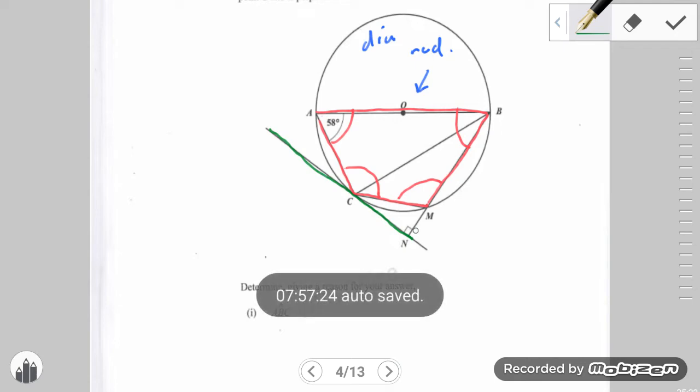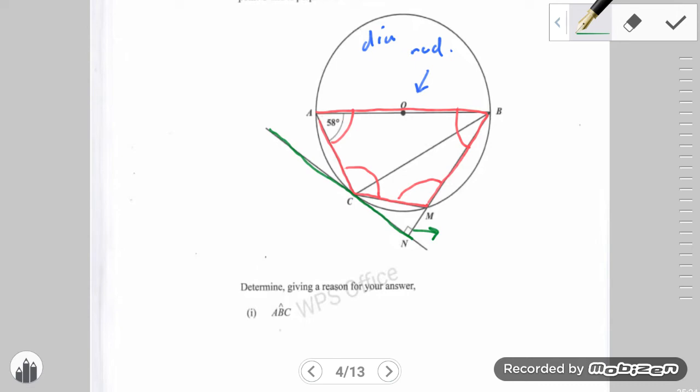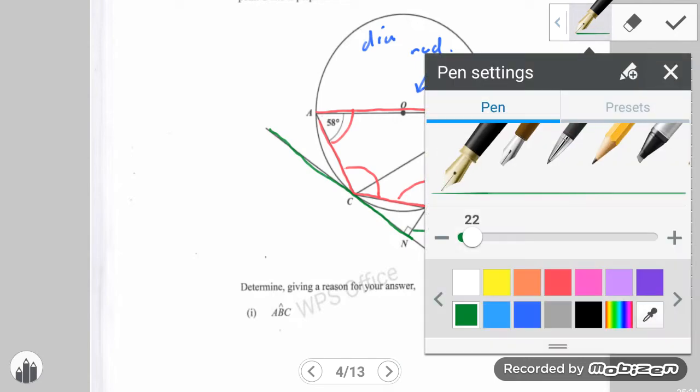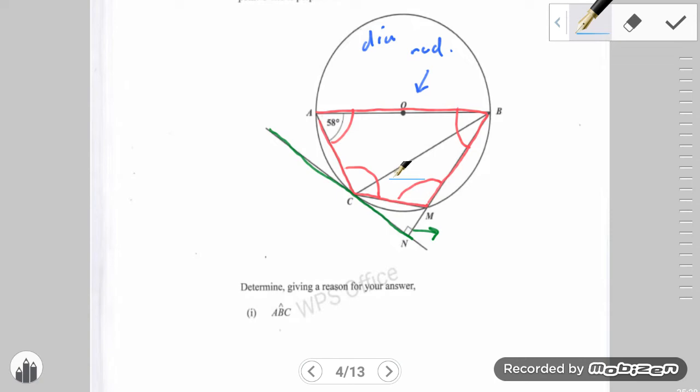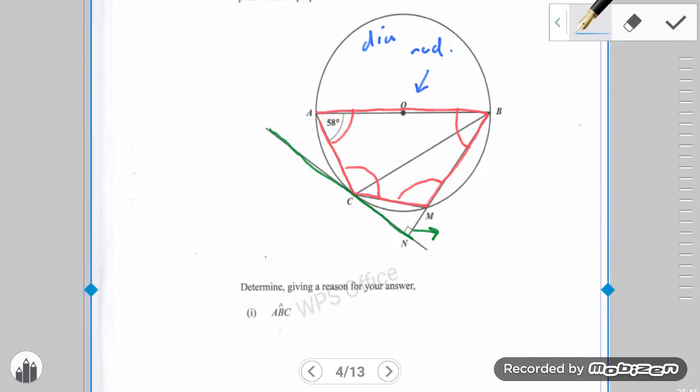We also see this 90 degrees here, so that could be helpful later on. And we also remember that if there is a tangent and a nearby chord, then the angle, let me use a different color here for you guys.